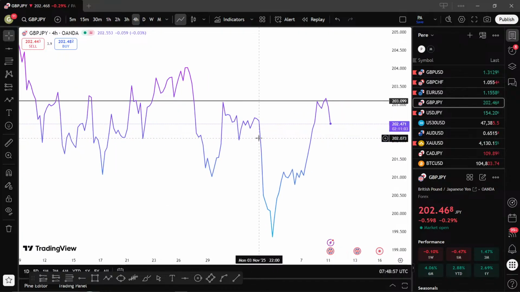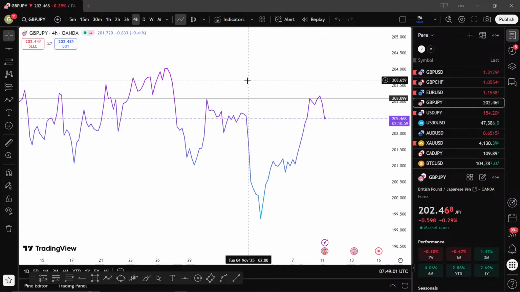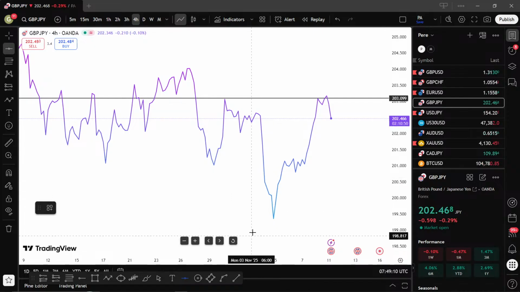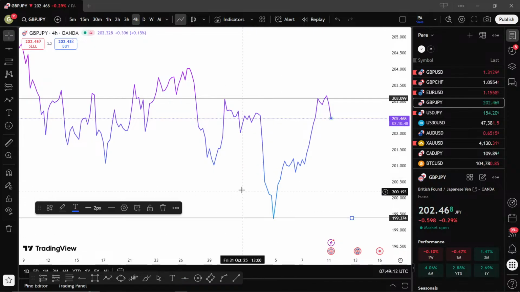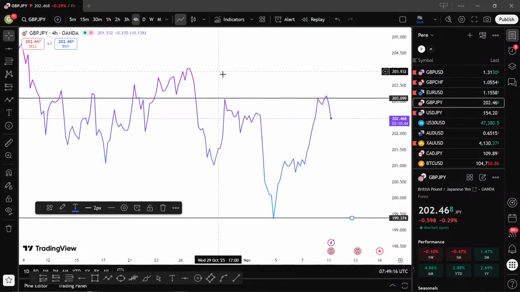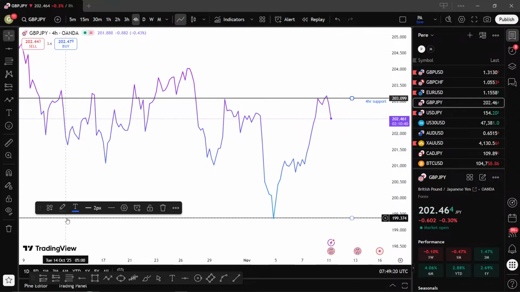It's very much better there, and it's easy for you to actually identify the right levels when you are using that. Yep, you can see with the line chart you can easily get the right levels without having to stress yourself.